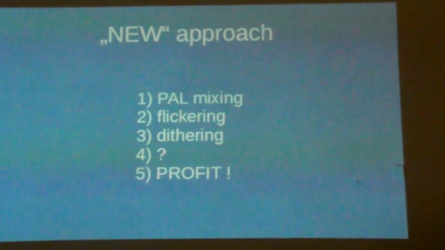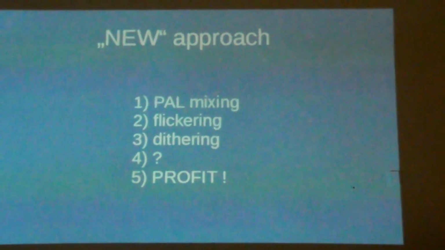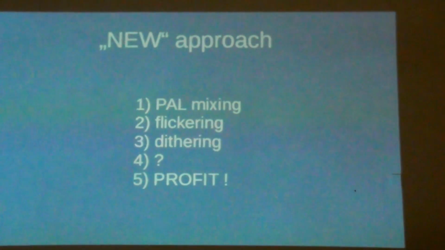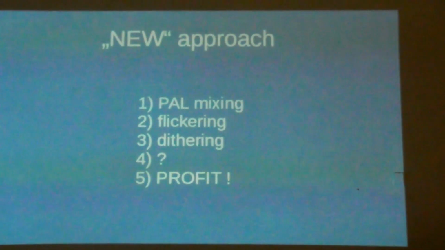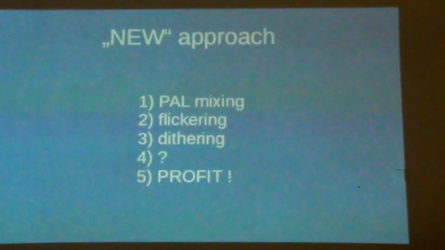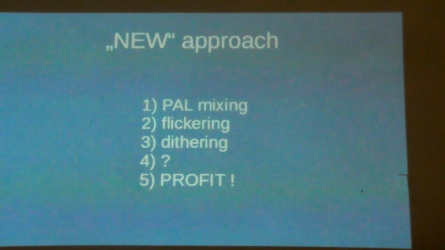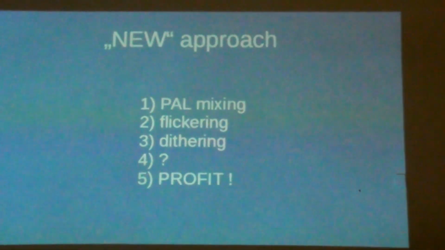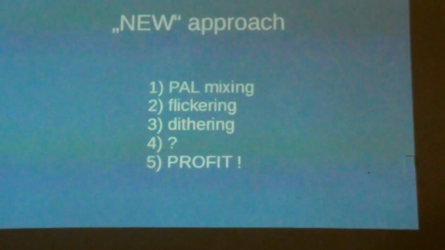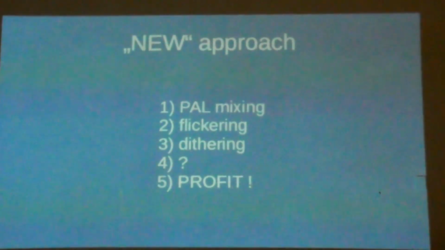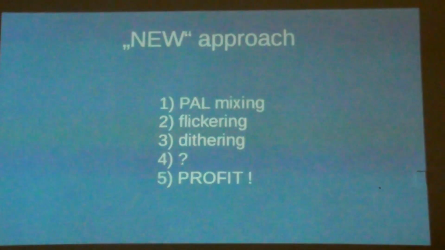I will have a special sheet for this. So you can combine color from one line with brightness from the next line. This has been used on Atari for ages, and it's certainly nothing new.